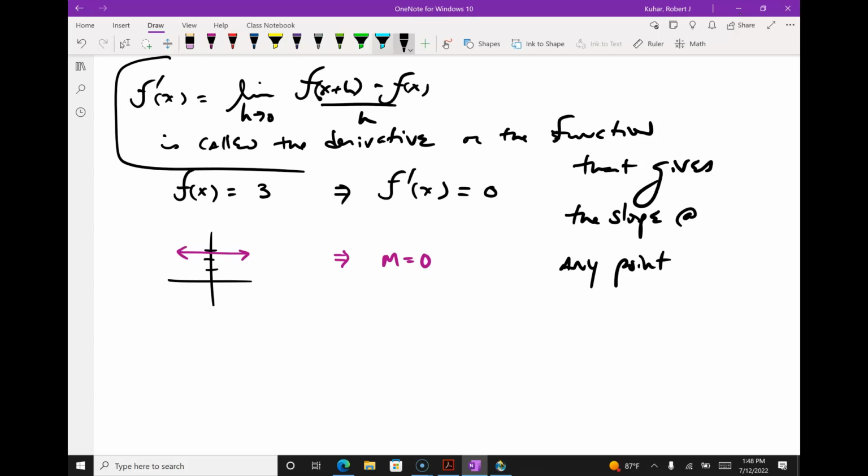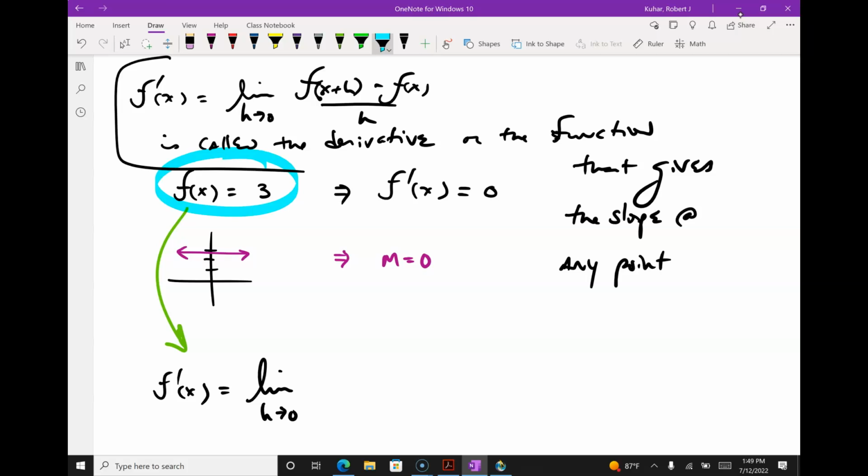So here we go. F of x is 3. I want f prime of x equal the limit as h goes to 0 of f of x plus h. What is f of x plus h? Here's f of x, right?